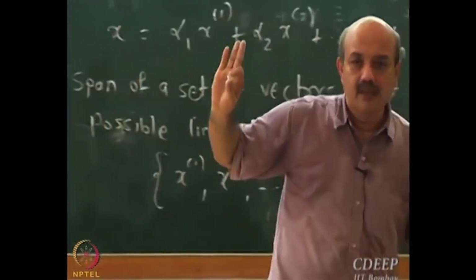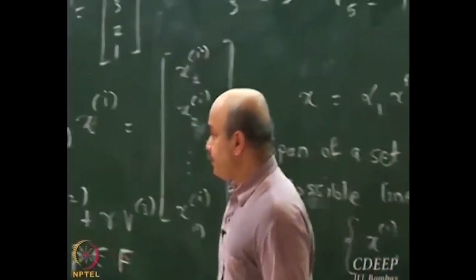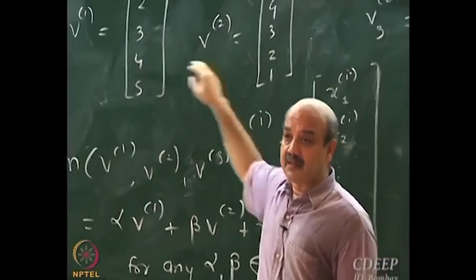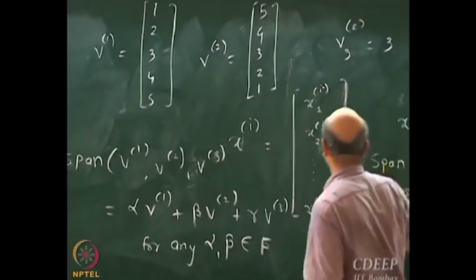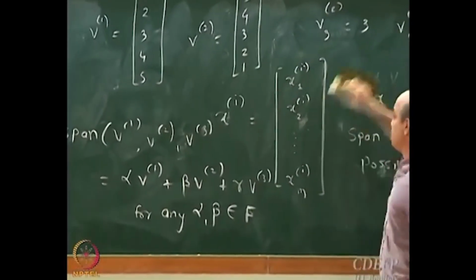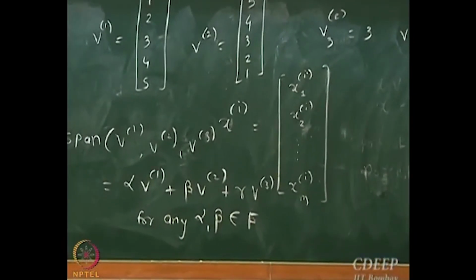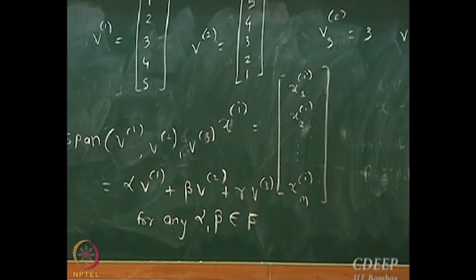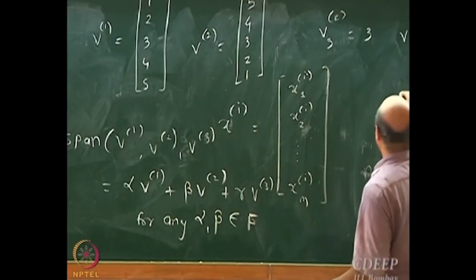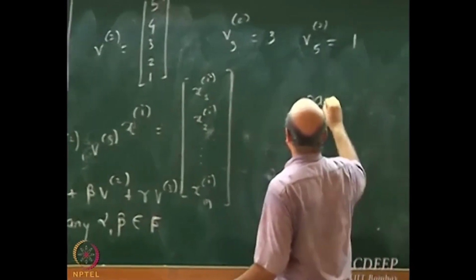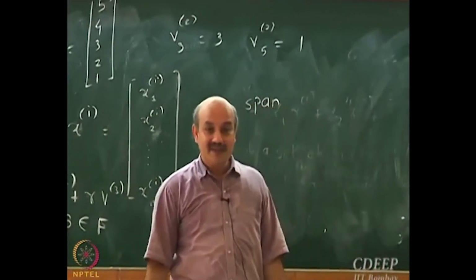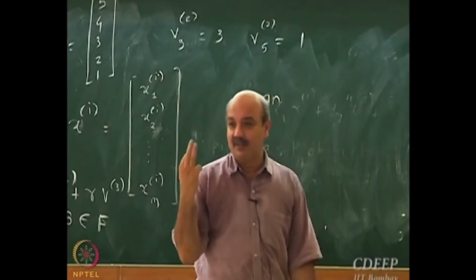Everyone with me on this? Okay. Now, let's consider these two vectors. What will be the span of these two vectors? It will be a straight line. Correct. What dimensional plane in R5? 2-dimensional plane in R5.